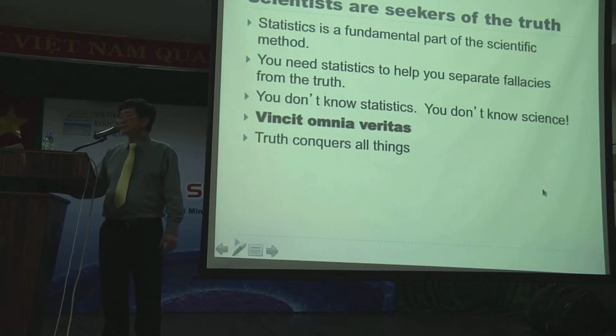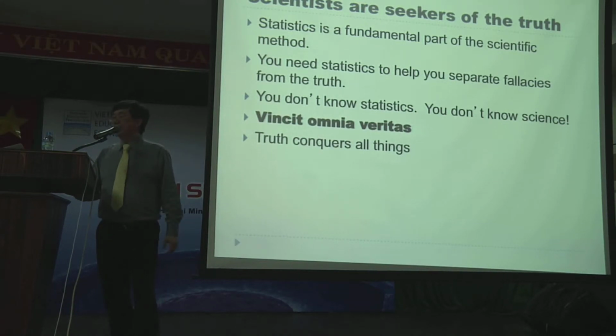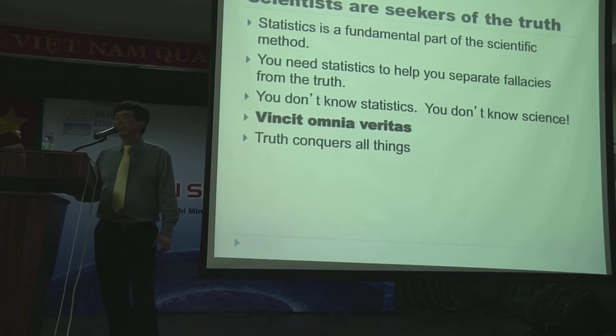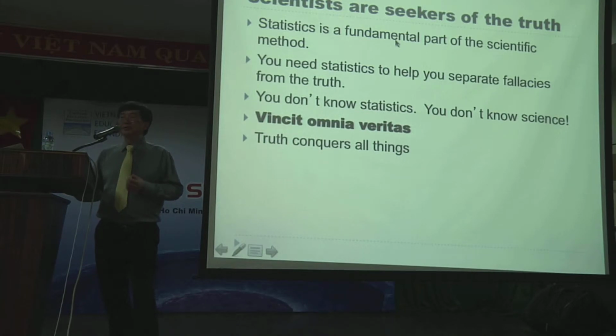So I'm going to conclude. For scientists, why do we want to be scientists? Because we want the truth. Scientists are seekers of the truth. And statistics is a fundamental part of the scientific method. You need statistics to help you to separate fallacies from the truth.